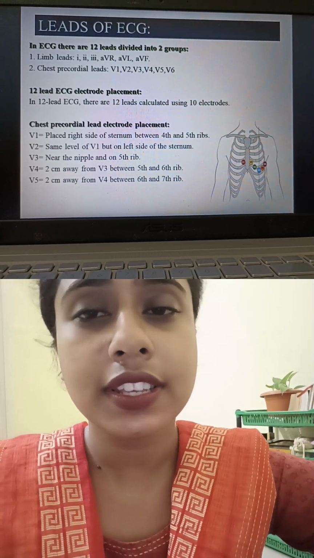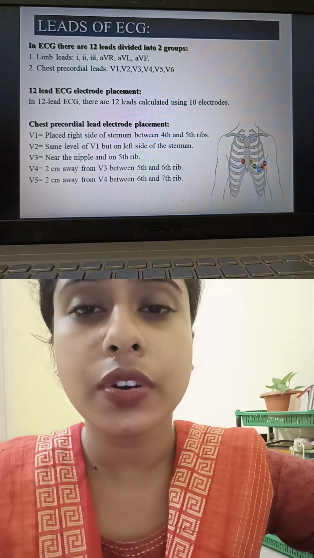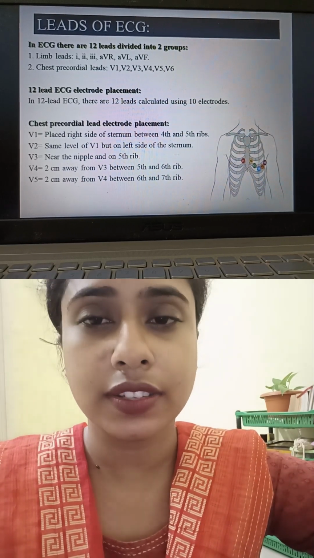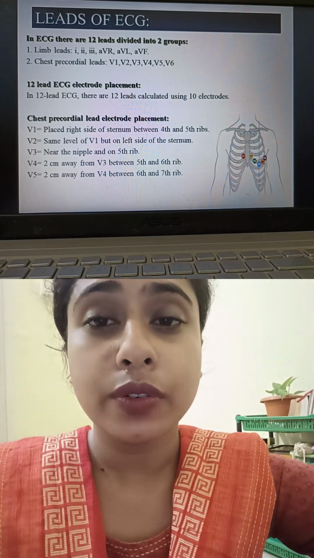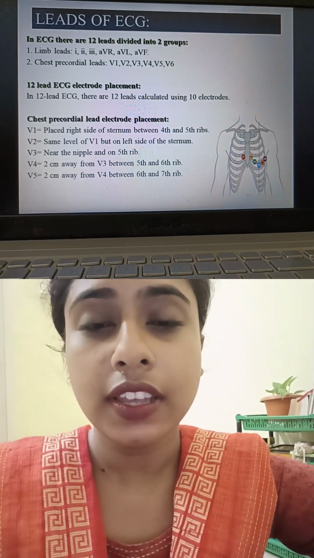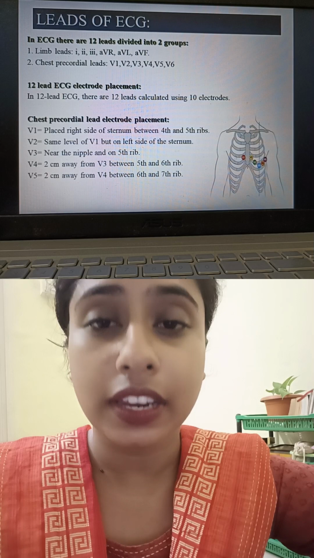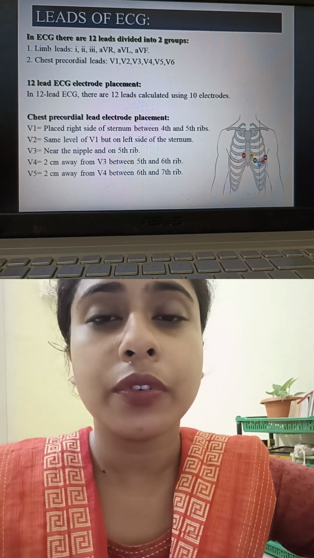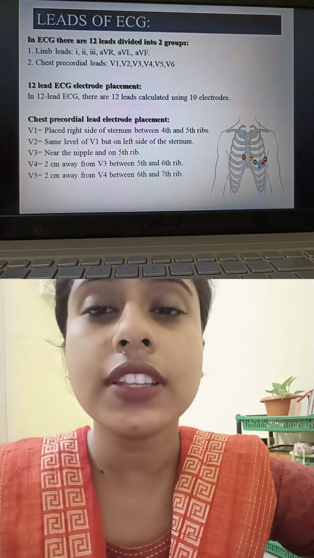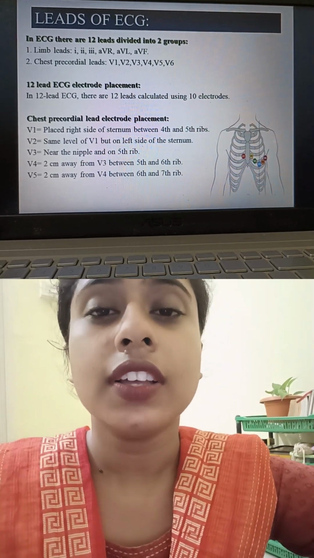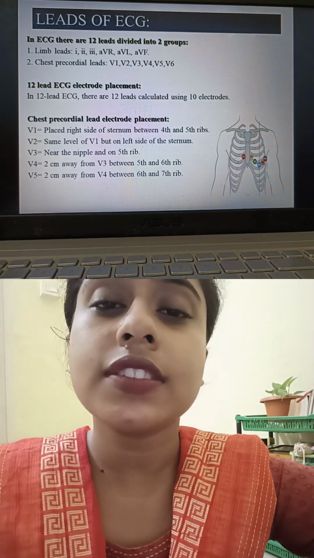In limb leads there are 6 leads, and in chest precordial leads there are also 6 leads. But to measure the electrical activity by those 12 leads, we have only 10 electrodes. In limb leads we have 4 electrodes, and in chest precordial leads we have 6 electrodes.